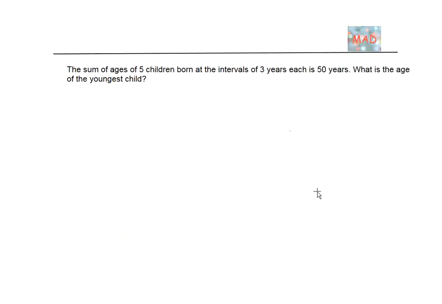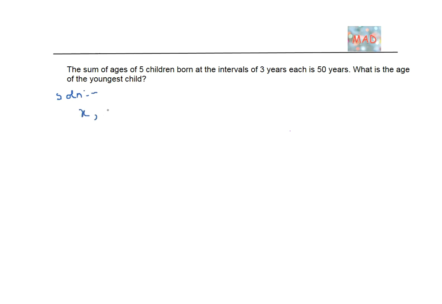Now we'll solve another problem, the second problem. The sum of ages of 5 children born at intervals of 3 years each is 50 years. What is the age of the youngest child? There are 5 children and their interval is 3 years. So let the first age be x.